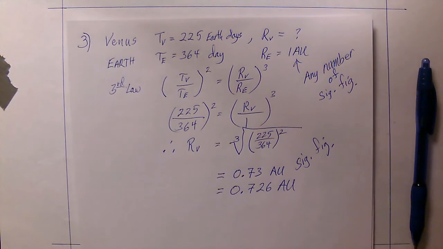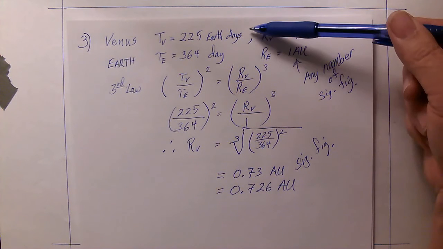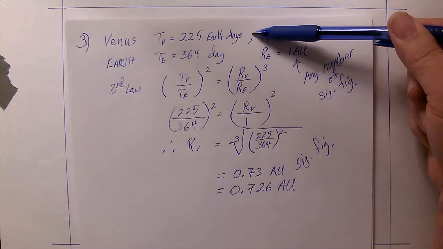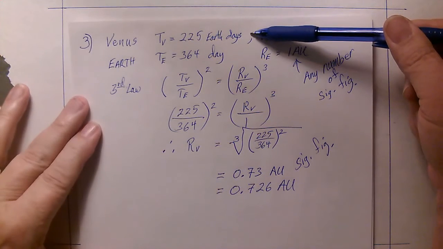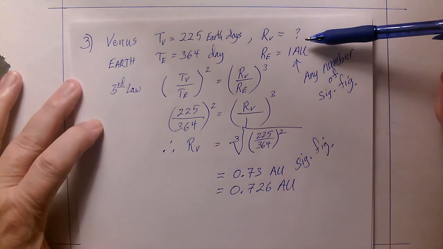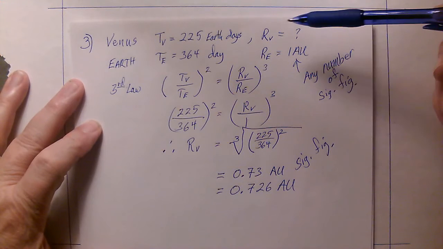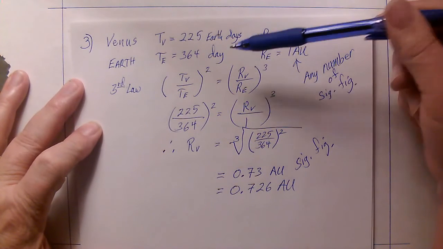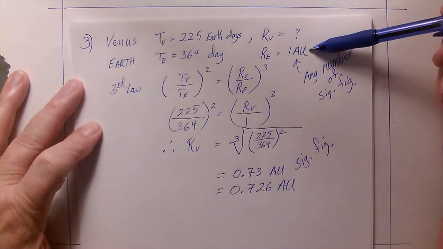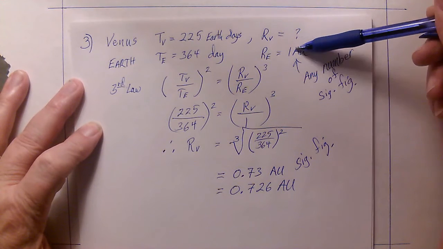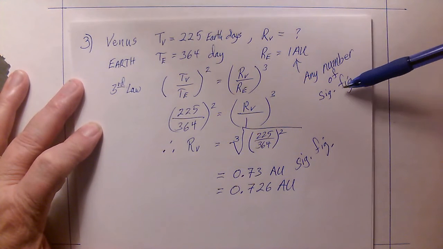Alright, now this one is Venus. Venus average is 225 Earth days as orbital period. The radius of this orbit we don't know. Earth is 364 days at 1 AU. Now, since this is a constant, we can have any number of significant figures or digits that we need.